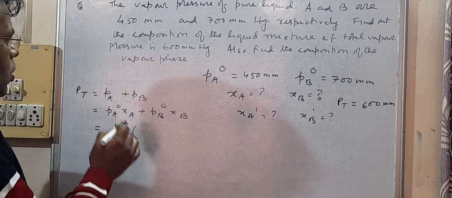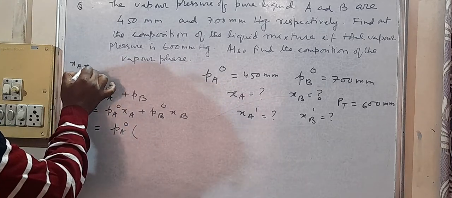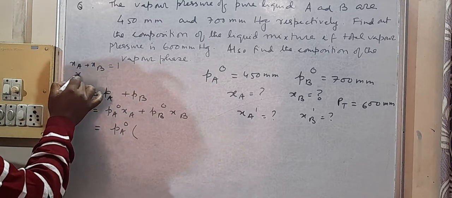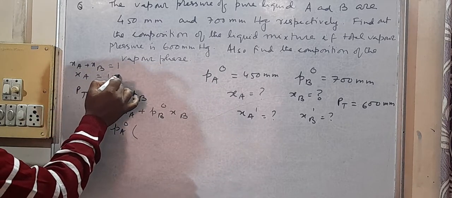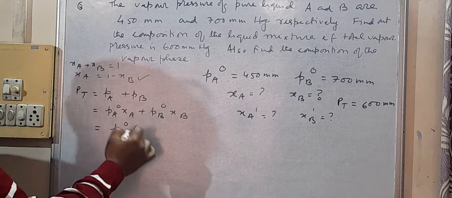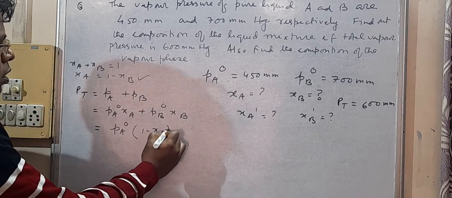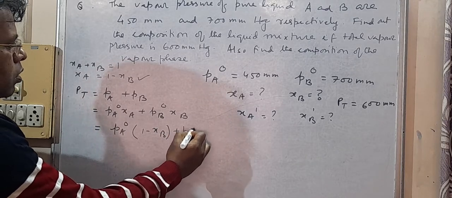Since you know chi A plus chi B, the sum of the mole fractions, is always equal to 1, chi A will be equal to 1 minus chi B. So this we can substitute here: for chi A, 1 minus chi B, plus PB naught chi B.